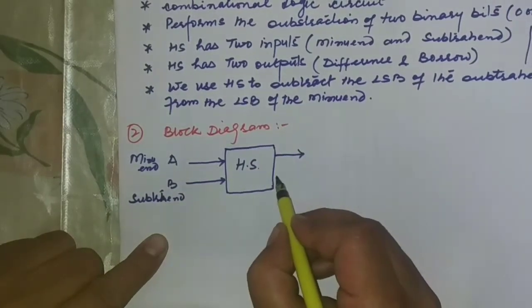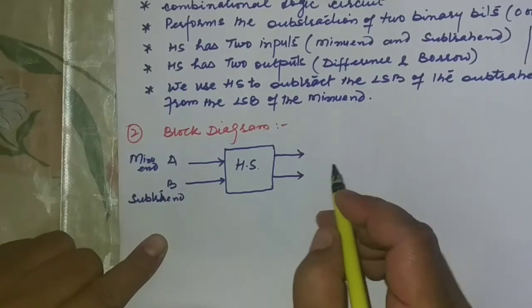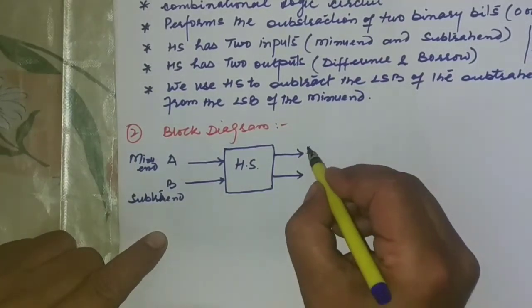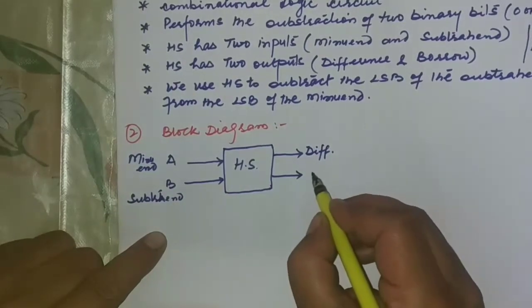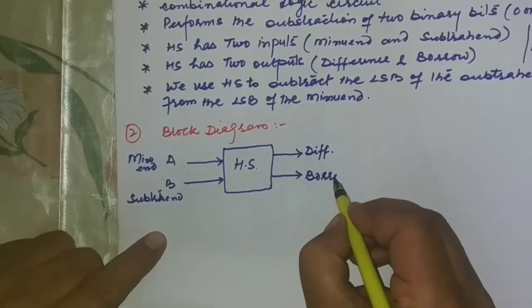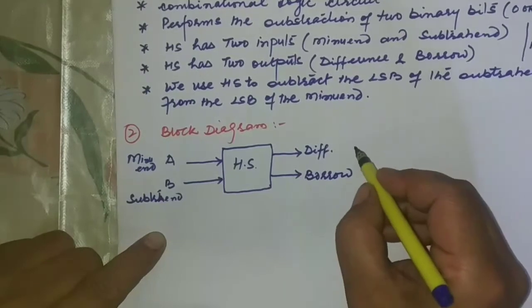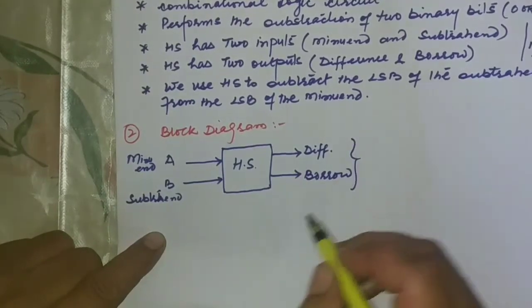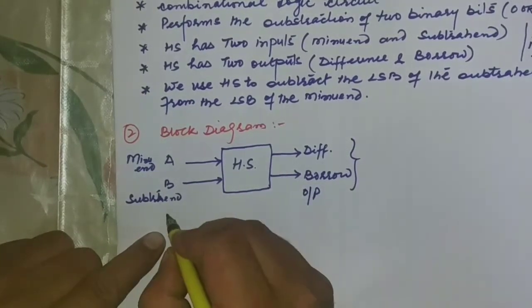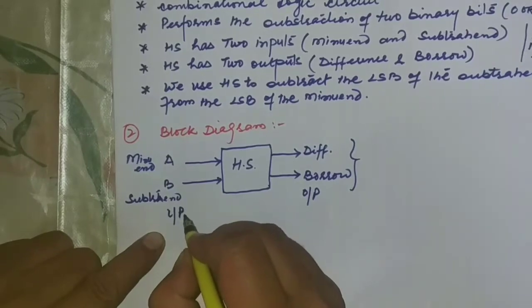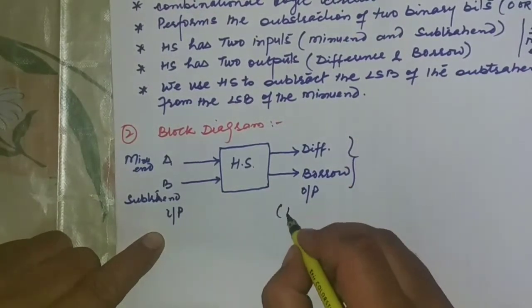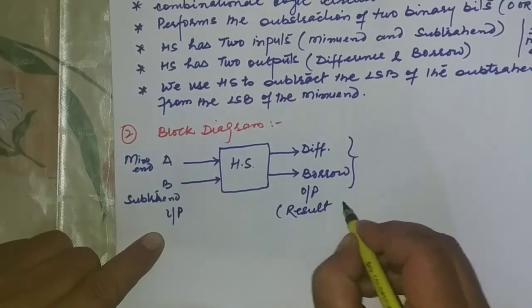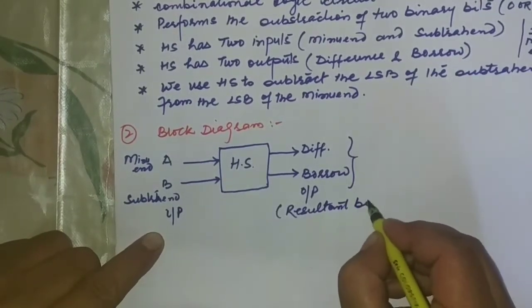Same way the resultant is also two. One is a difference and the second one is a borrow. So these two are the resultant bits. This is output and this is the input, and these are two resultant bits.